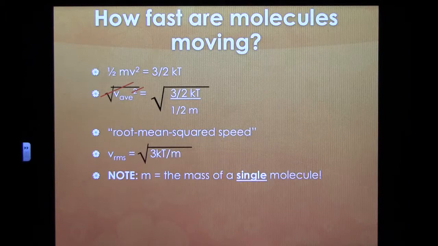Again, it's important to see in this final equation, m is equal to the mass of a single molecule and not the mass of the entire gas.